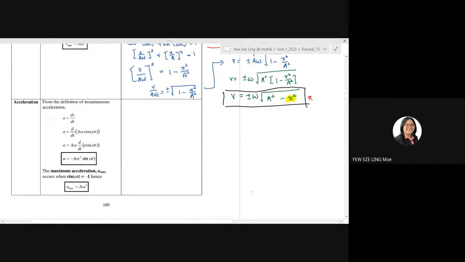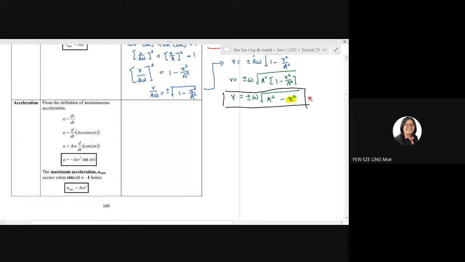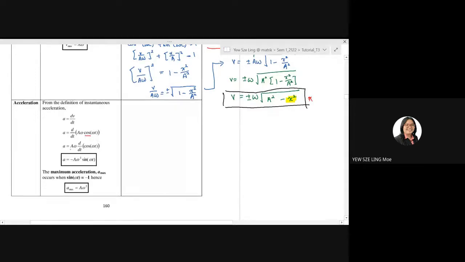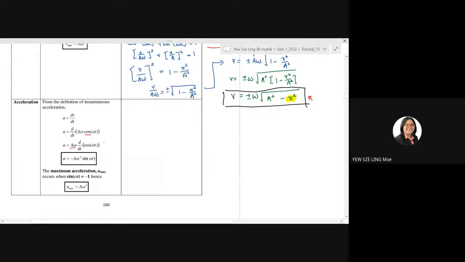Okay, next we are going to look at accelerations. So from the definition of instantaneous acceleration, again, we want to derive acceleration. But how to derive acceleration? a equals dv over dt. So a is equal to d over dt of A omega cos omega t. Differentiate cos, like I told you just now, you will get a negative sign. A omega you can take out first because it has nothing to do with time right now.